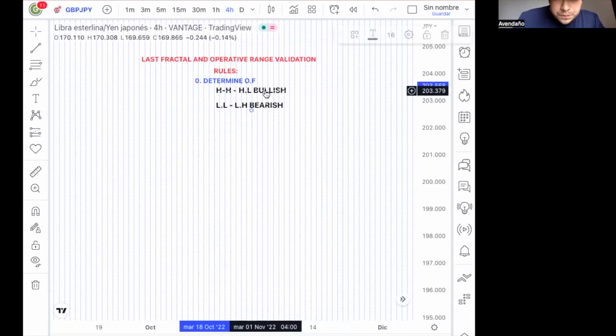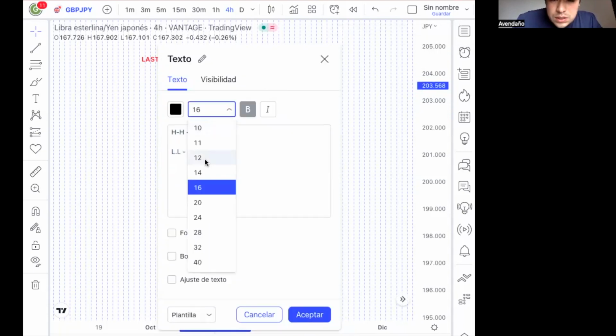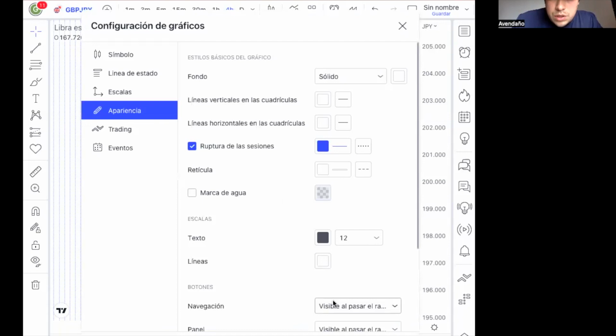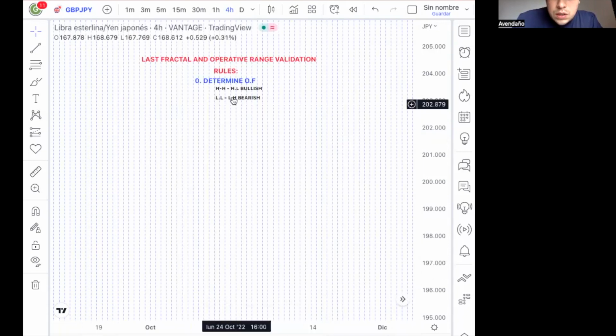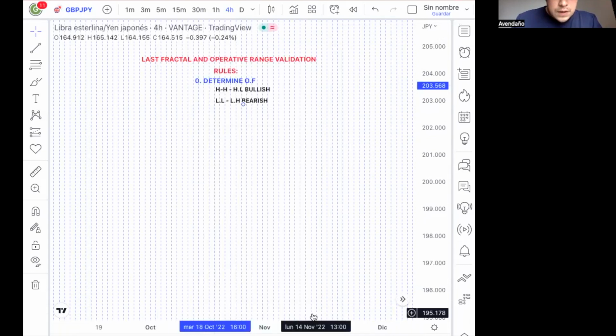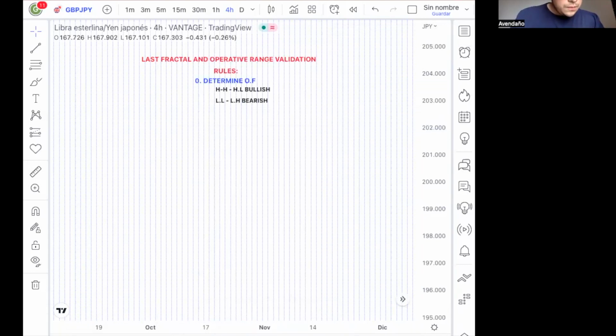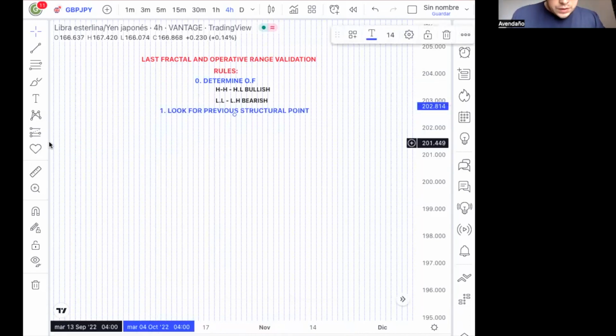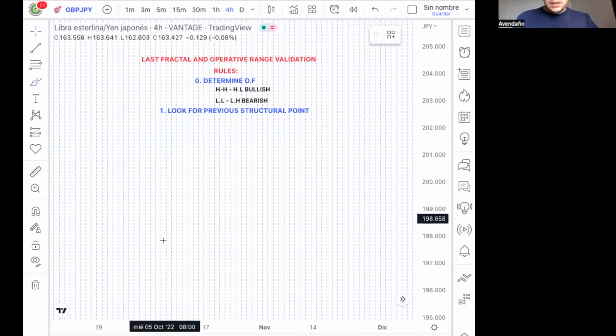Perfect. Let's make this a little smaller. Ooh, that was too much. Allow me 1 second. And perfect. Now, rule number 1 is that we need to look for the previous structural point. Let's make the example for a bullish structure.